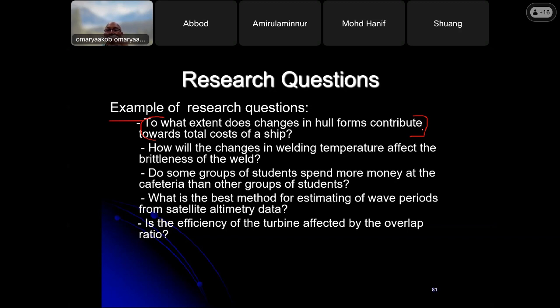To determine the effect of welding temperature on the brittleness of the weld. Okay, good. Anybody else has any idea? Neo, you want to say something? To identify the correlation between changes in welding temperature and the brittleness of the weld. Okay, all right. Anybody else?